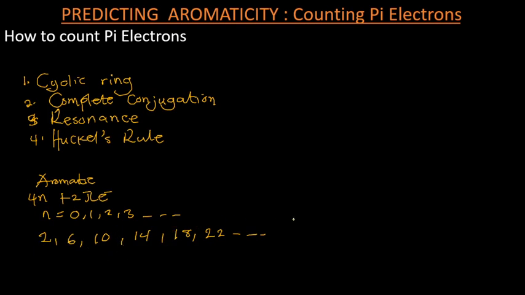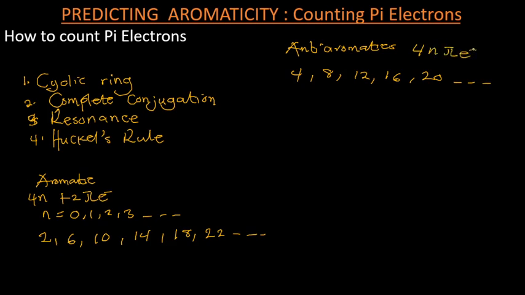But then we did say that for anti-aromatics, their pi electrons are equal to 4, 8, 12, 16, 20, and a lot more, because we said using Hückel's rule they have 4n pi electrons in there.